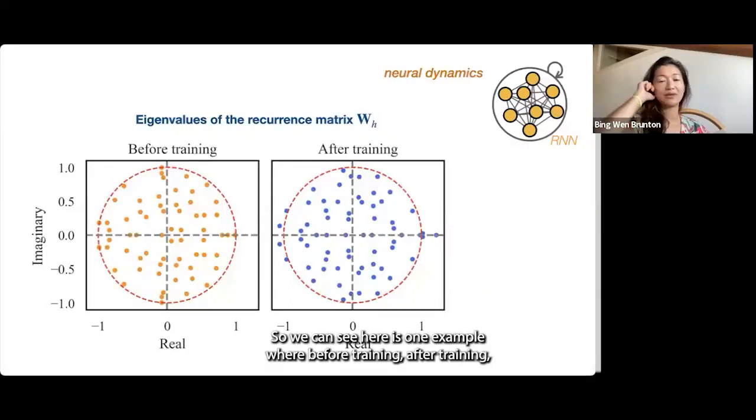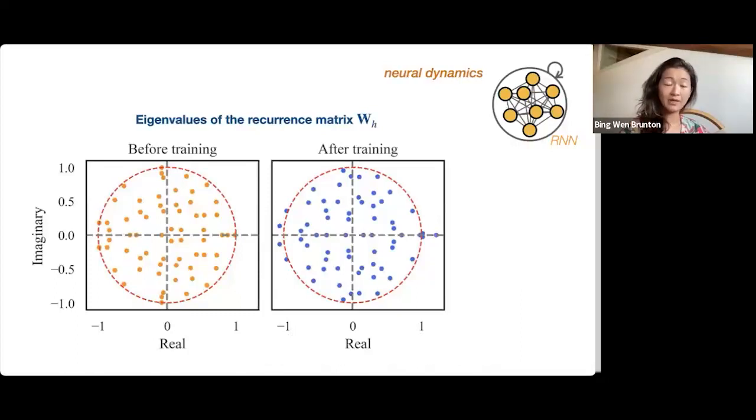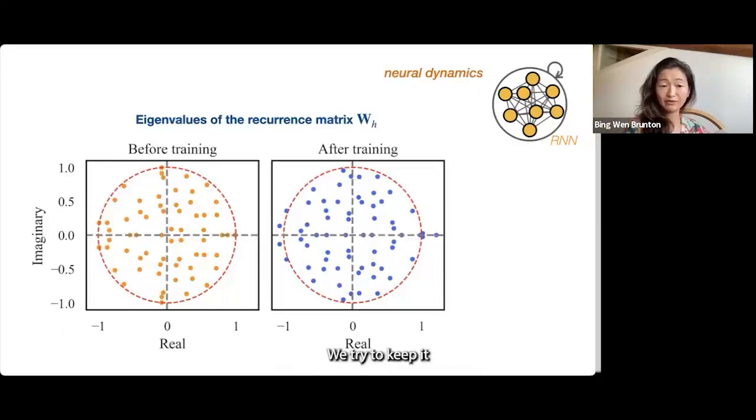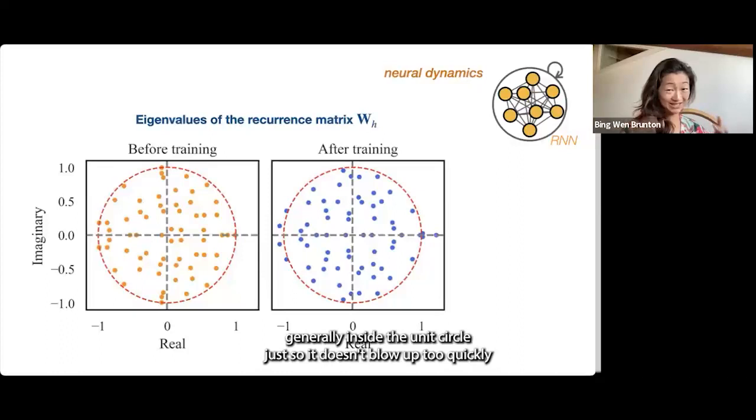Here is one example before training and after training, looking at the eigendecomposition of the recurrence matrix in the complex plane, with the unit circle as the dotted circle. Before training, the eigenvalues are random. This is just a random initialization. We try to keep it generally inside the unit circle so it doesn't blow up too quickly.